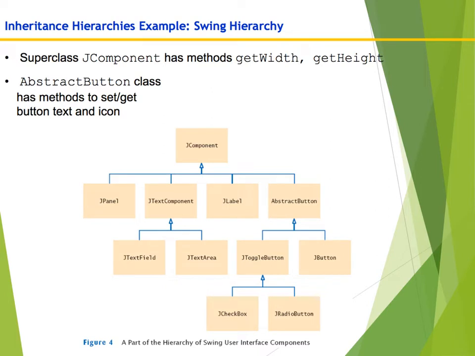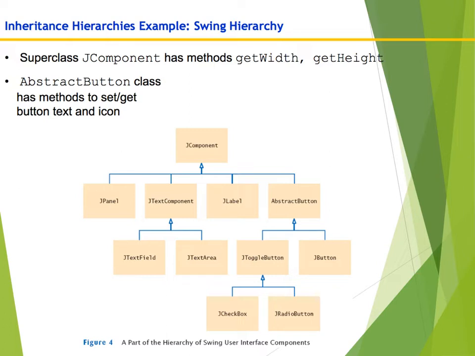We can have a hierarchy of inherited classes. For example, consider JComponent in Java. This class has methods getWidth and getHeight, but it has a layer of subclasses: JPanel, JTextComponent, JLabel, and AbstractButton.